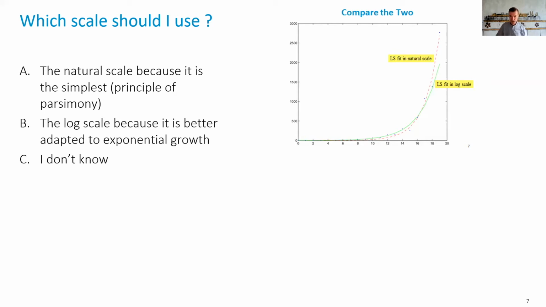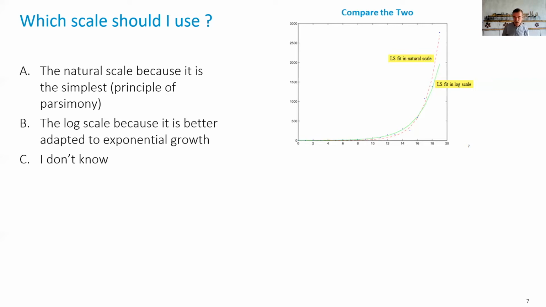And the majority is in favor of the log scale, which is perhaps right, but the argument is because it's better adapted to exponential growth, which is also perhaps right. But there is also some value to the other arguments. And why would you want to change the scale? If nature comes with a given scale, you need an argument for that.